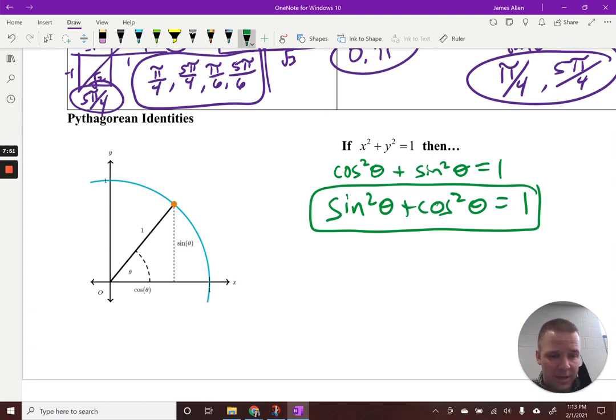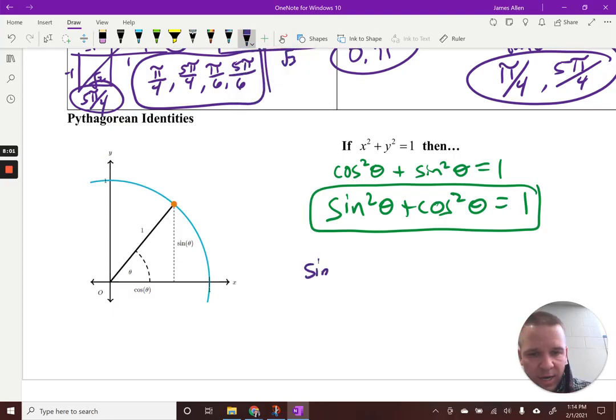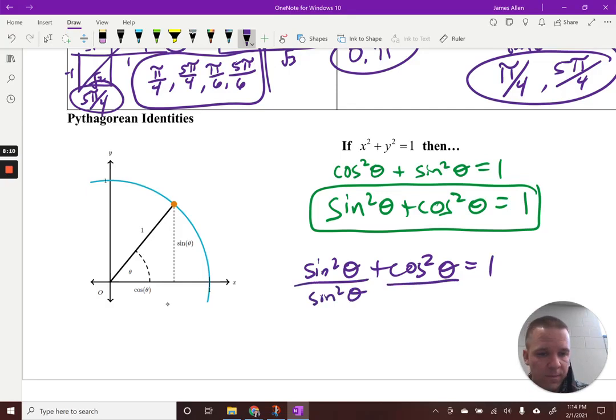Okay? Now, from these, we can get a couple other Pythagorean identities. If I were to divide everything by sine squared theta, I'm going to change colors for this. So if I take this Pythagorean identity and I divide everything by sine squared theta. Okay, so I'm doing a little algebra here.